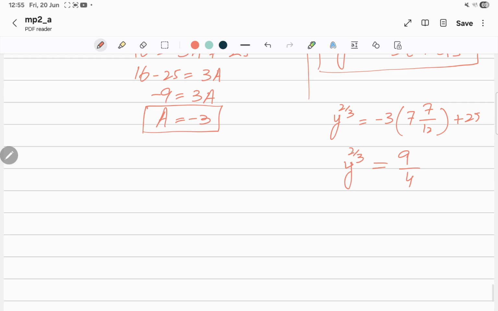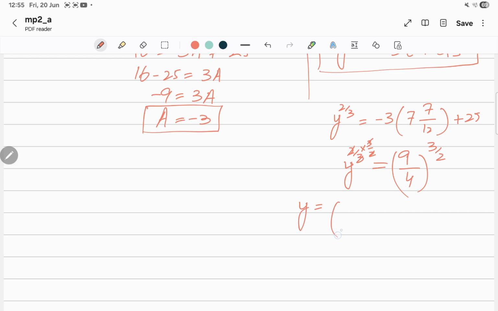Now since we need the value of y, and we have y to the power 2 over 3, if you apply the reciprocal power, power 3 over 2, on both sides, the 3 cancels out, the 2 cancels out, leaving y, and 9 over 4 to the power 3 over 2.